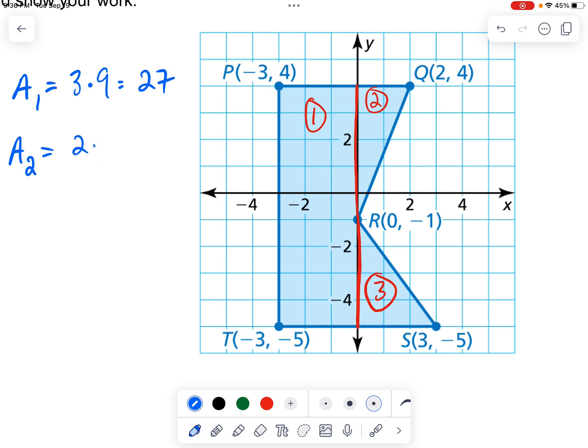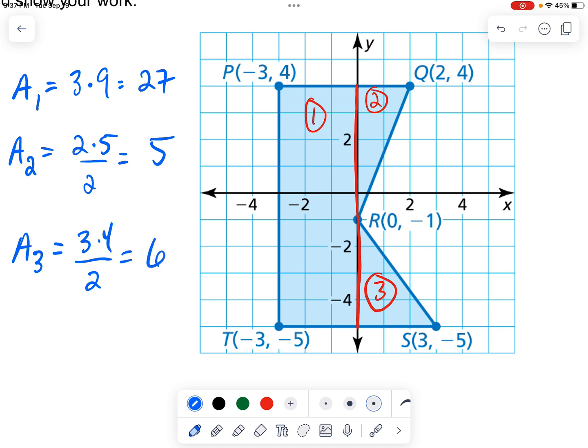So 2 times 5 divided by 2 equals 5. And then area number 3, base of 3, height of 4. So our area is 3 times 4 divided by 2. 3 times 4 is 12, divided by 2 is 6.